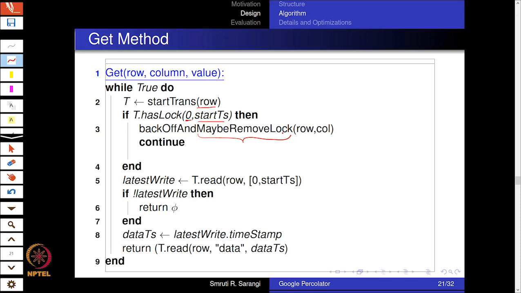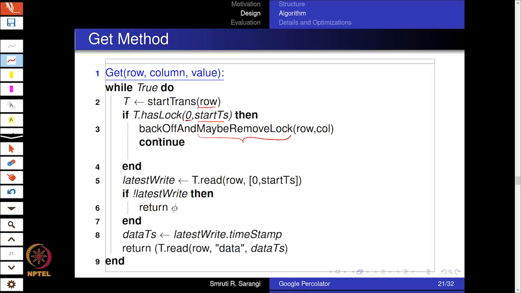We will see that this does not cause problems. I would refer the viewers to the paper where this issue is discussed. But what's the main idea? The main idea is that nobody should have locked this row. If somebody has, I back off and I try again.